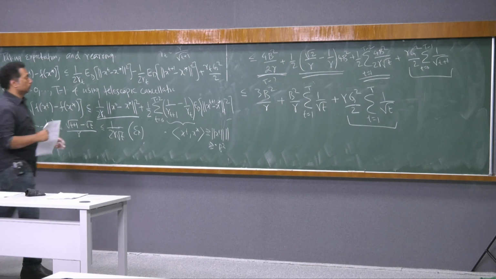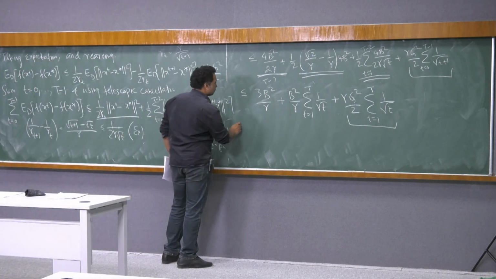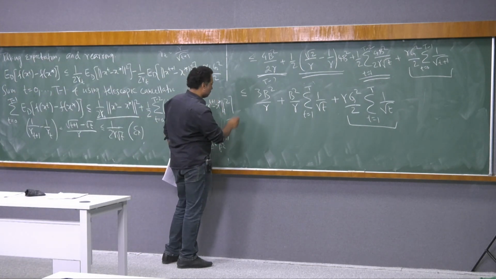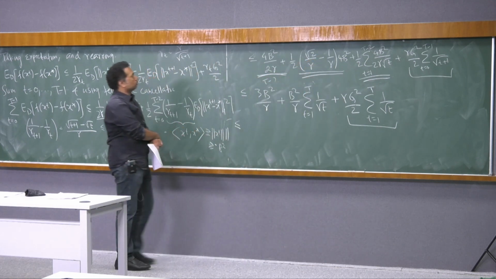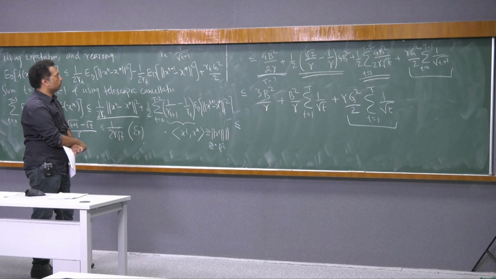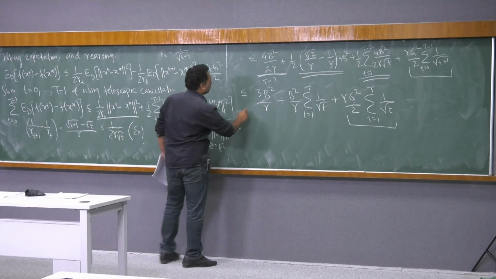Okay, so let us do this. We need a further less than or equal because this half is less than square root of 2 minus 1, so that we are going to use. So let us do that, and this we simplify.